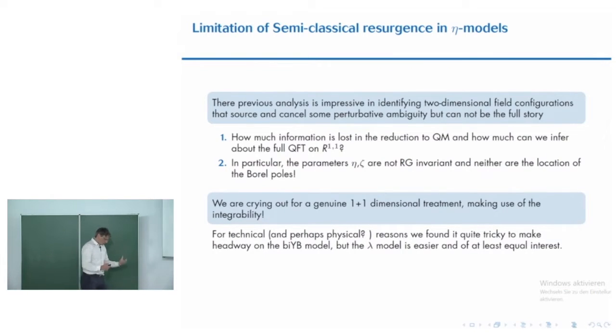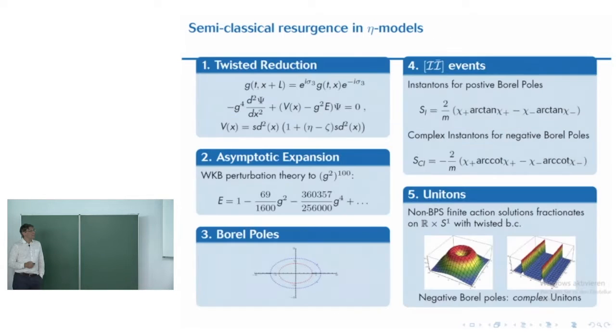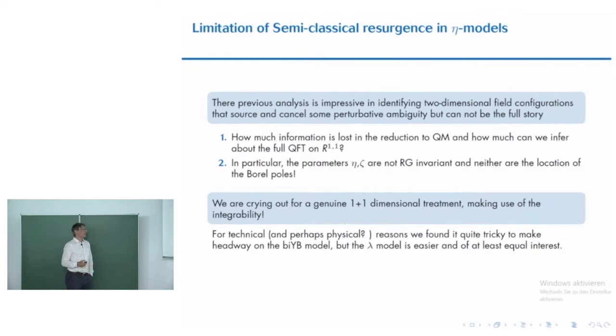So the motivation should be to look at a genuine 1+1 dimensional calculation. And we didn't really use integrability. I mean, I did, because I could find the solutions of the equation of motion, but I didn't really use integrability in the way that I'm going to. Okay.